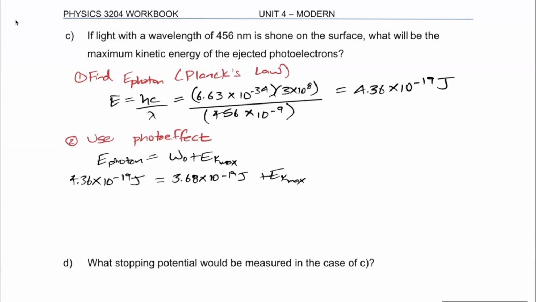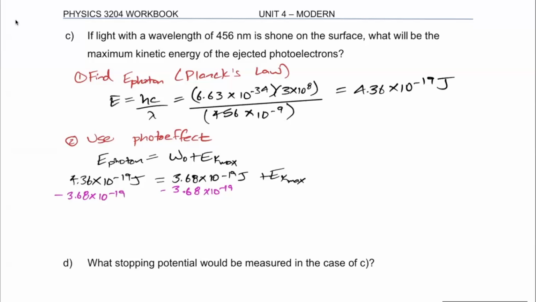We are going to use subtraction, my darlings. We need to subtract 3.68 times 10 to the negative 19 from each side of our equation. Noah's gone ahead and done it. 3.68 times 10 to the negative 19.